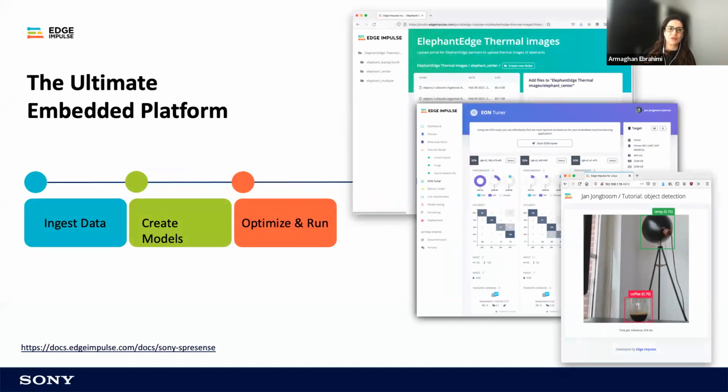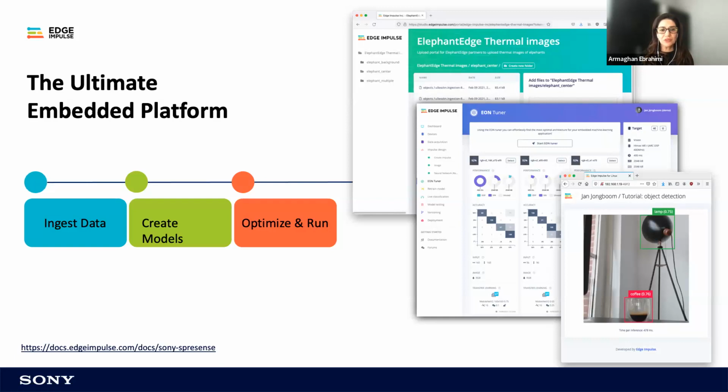As Owen said, you can get your data set, you can label it, and then you can train your model, generate it, deploy it on Spresense, and then run it on Spresense, for example, to do some recognition. So this is the benefit of very fast ML, and this is what our partnership is about with Edge Impulse.